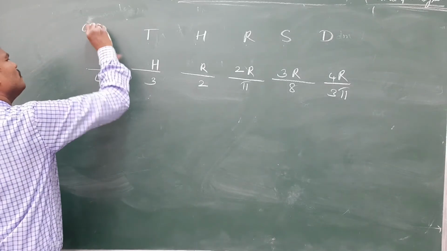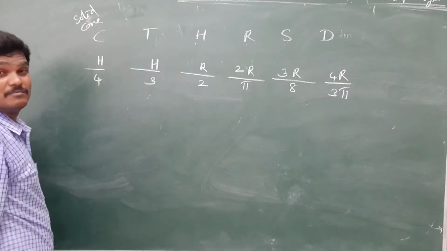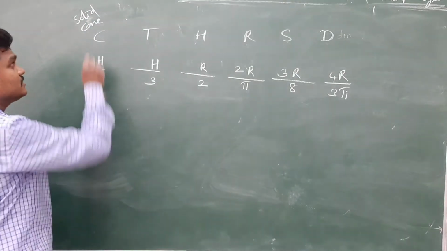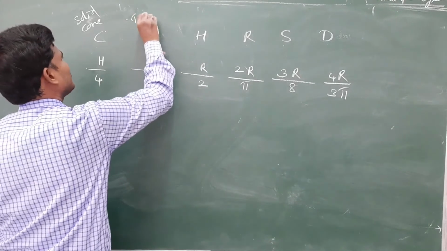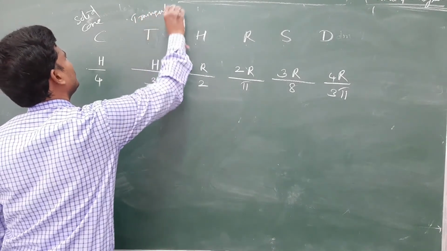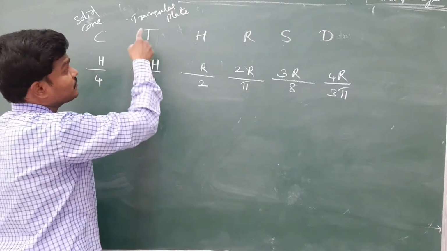Let us check it. C for cone: a solid cone, and just now we got the formula h by 4. T is the triangular plate, h by 3. It is possible for a hollow cone also.